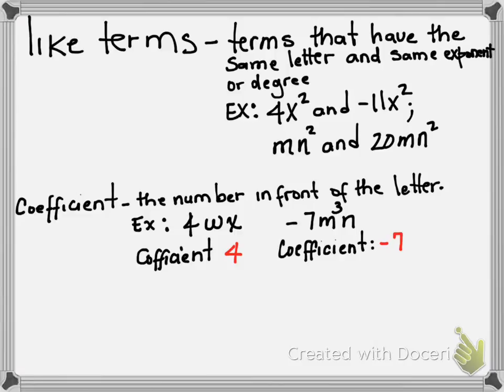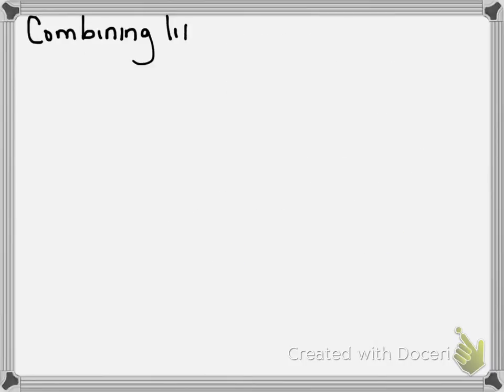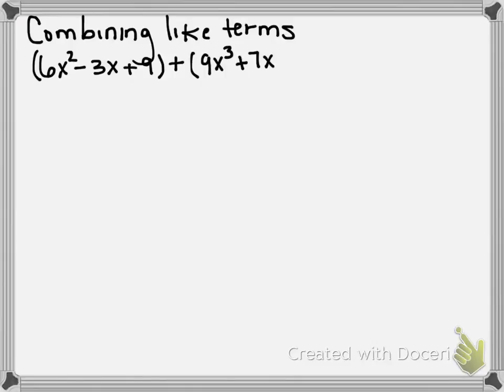Now, we have to be able to combine like terms. To combine like terms, that means we get the terms that are alike and we add them together. So let us look at an example here. This is color coded also for you. We have 6x squared.